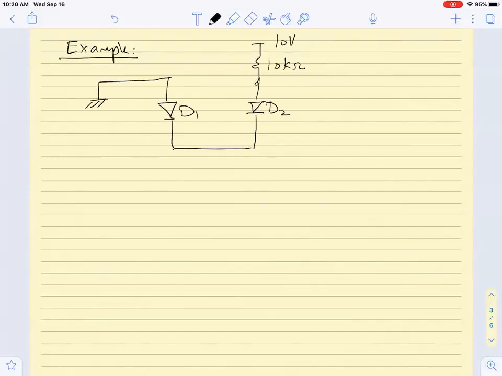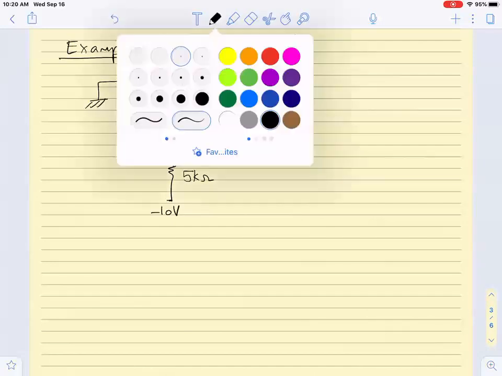And then I have a resistor of 5 kilo ohms and a supply here of minus 10 volts. Okay, and the diode, the voltage across the diode, let us label them.